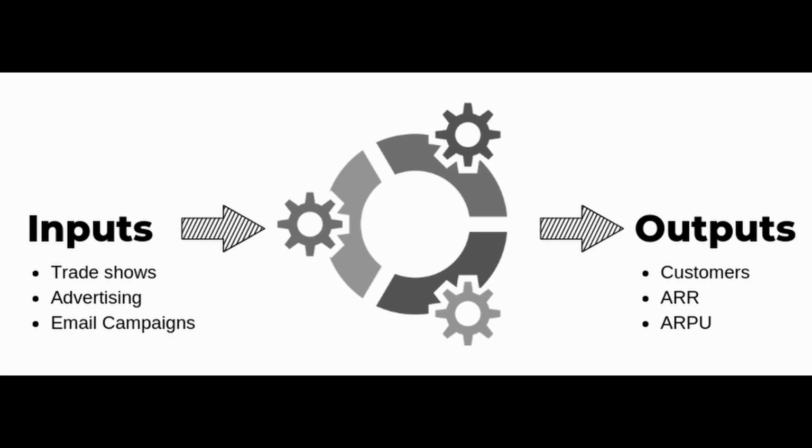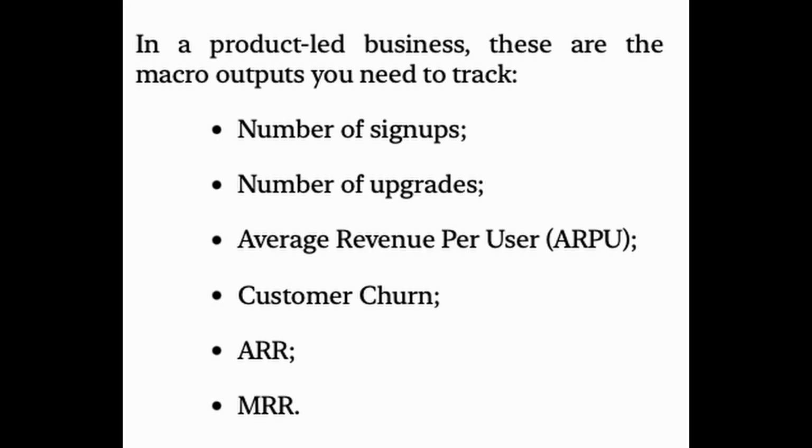So that's exactly what I did. What are my main outputs for this app? And he gave a good idea here: the number of signups, the number of upgrades, what is your MRR, what is your ARR, what's your churn, what is your average revenue per user, kind of like an LTV.